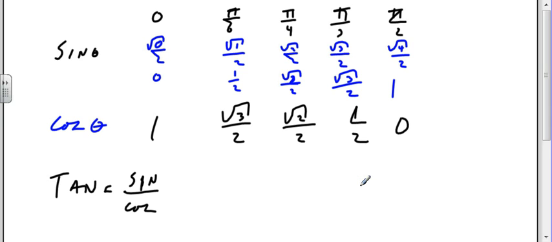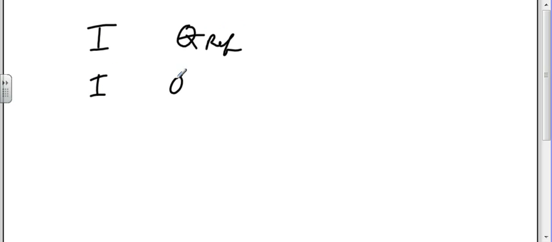We also have to deal with reference angle, right? So we did reference angle in degrees last time. Now we're going to do reference angles in radians. So in the first quadrant, my angle is my reference angle. In the second quadrant, my angle is pi minus the reference angle.